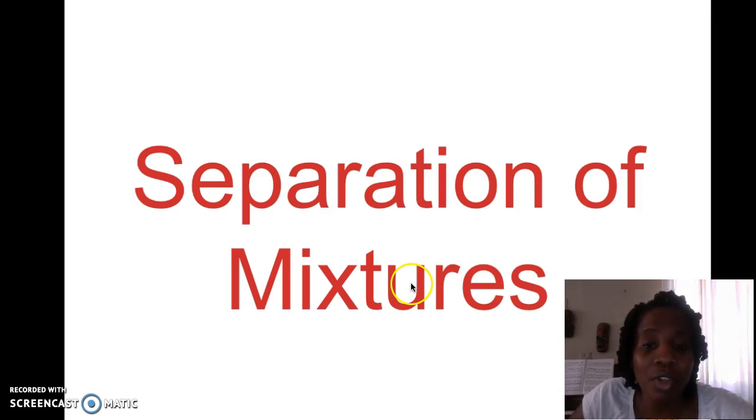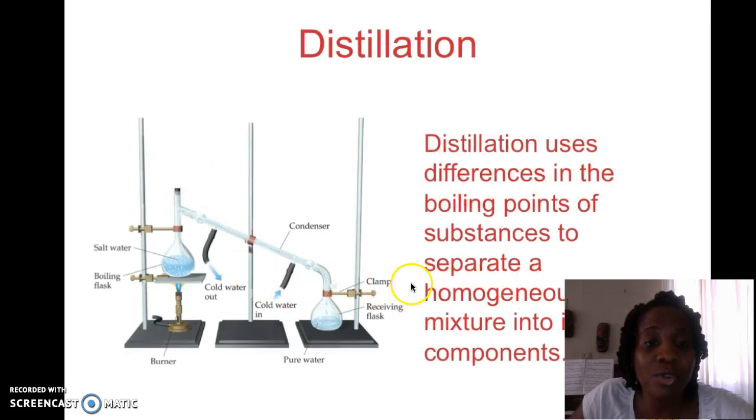The separation of mixtures can be accomplished using physical changes. So for example, if you have a homogeneous mixture or solution of salt water, you can separate them using a process called distillation. How does distillation work?